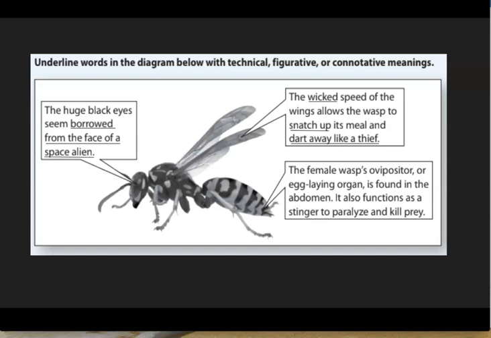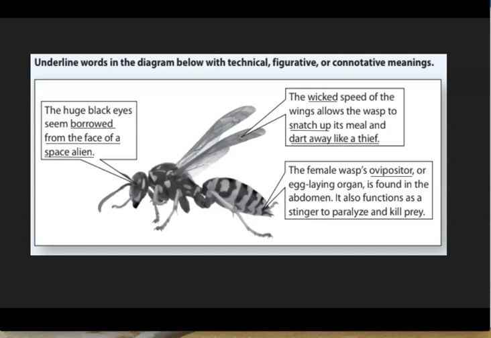Okay, looking at the next passage here, I'm going to throw it out there, technical language. The female wasp's ovipositor, or egg-laying organ, is found in the abdomen. It also functions as a stinger to paralyze and kill prey.